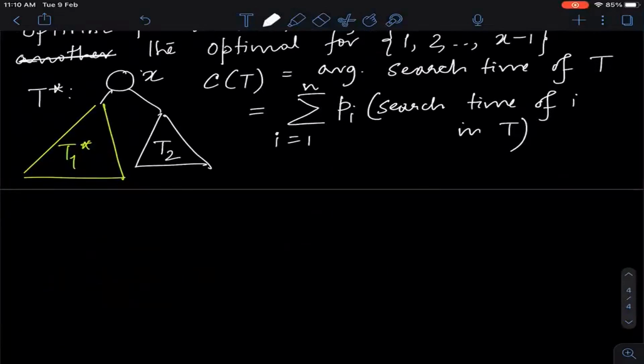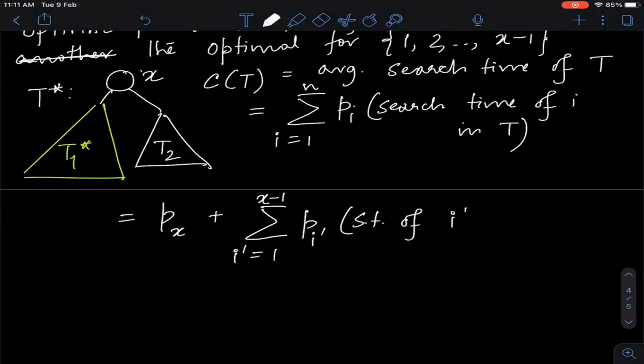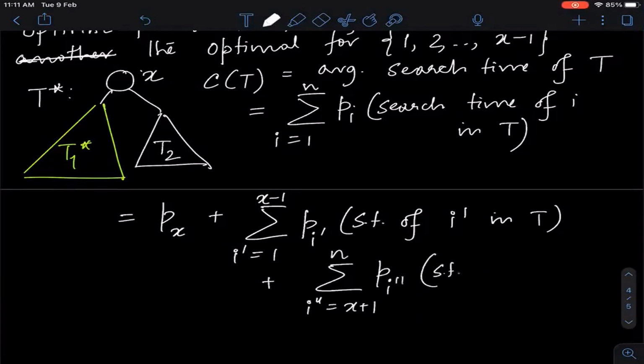So I can write this into three parts. One is Px, the other is the summation, let's say i prime equals 1 to x minus 1, p_i prime times the search time of i prime in T, plus the summation of i double prime equals x plus 1 to n, p_i double prime times the search time of i double prime in T. Everyone should have understood this, right?